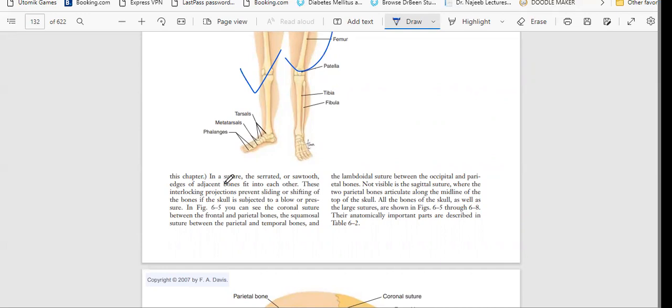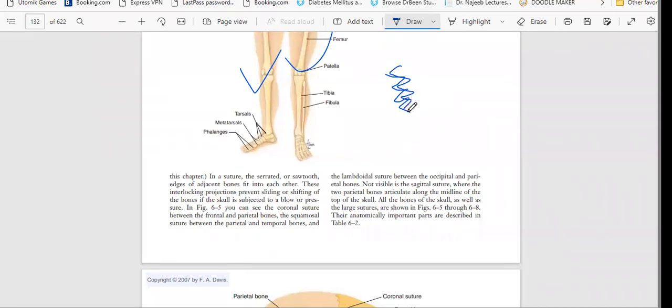In a suture, the serrated or sawtooth edges of adjacent bones fit into each other. These interlocking projections prevent sliding or shifting of the bones if the skull is subject to a blow or pressure. So why?